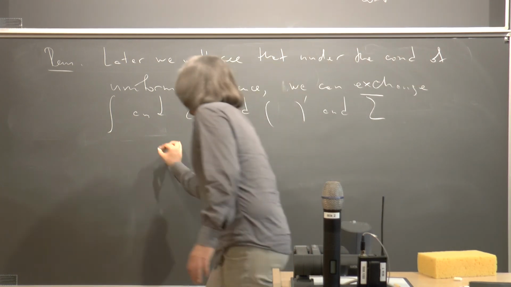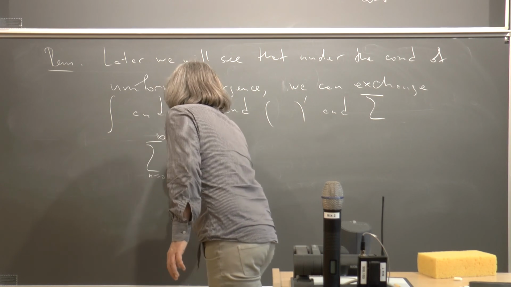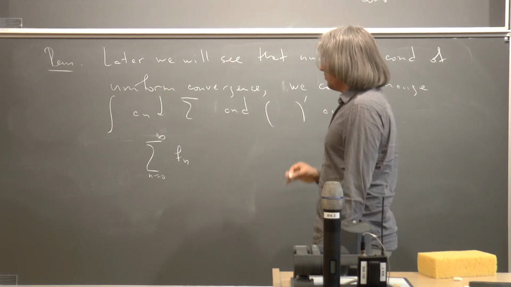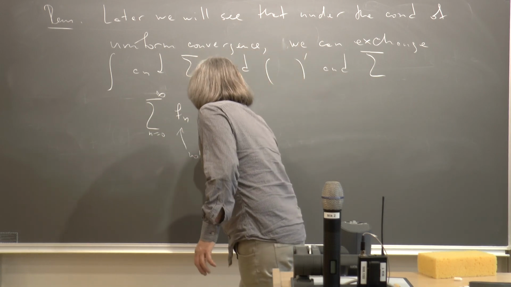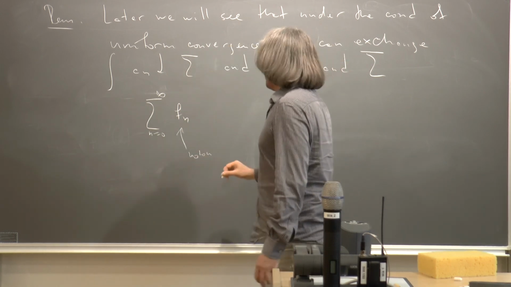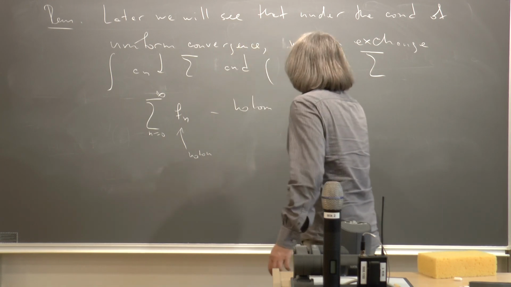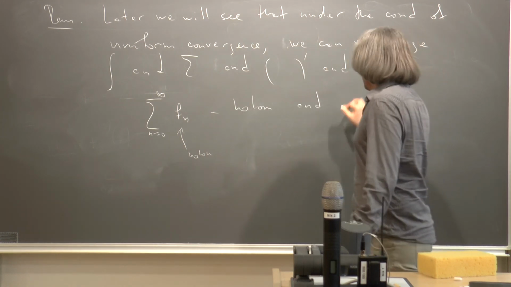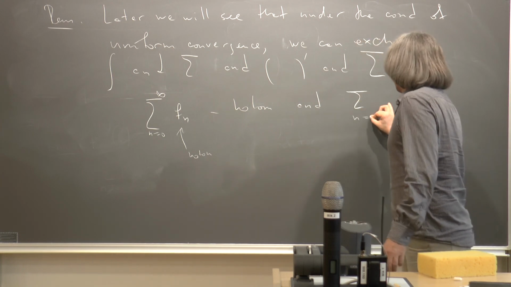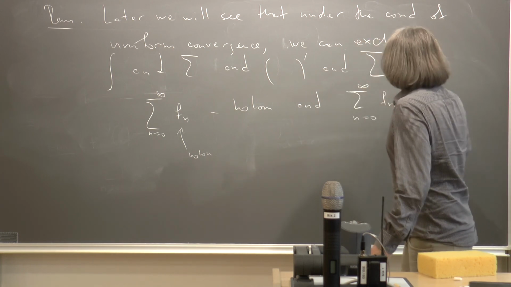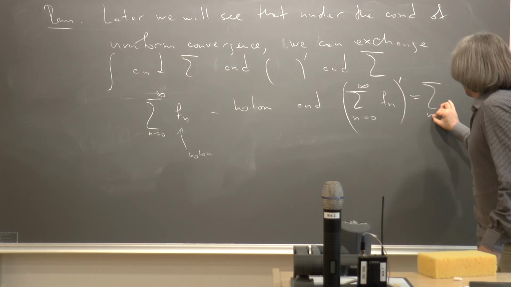So if we have the sum n equals 0 to infinity of f_n, the series converges uniformly or locally uniformly, and each of these is holomorphic, then the sum is holomorphic, and if you want to differentiate, we can do it under the symbol of summation.